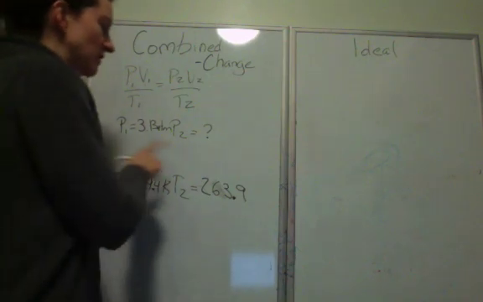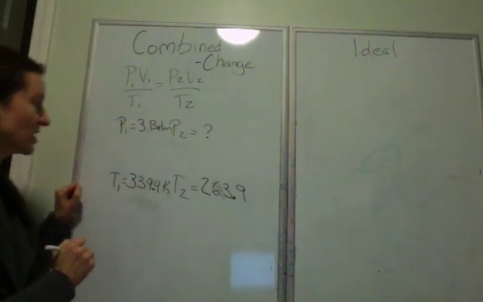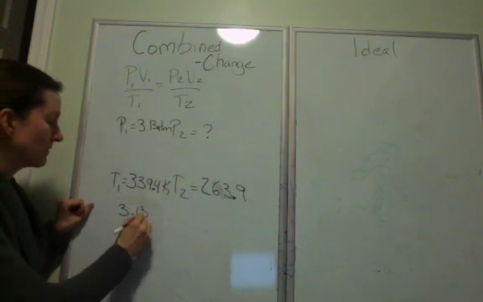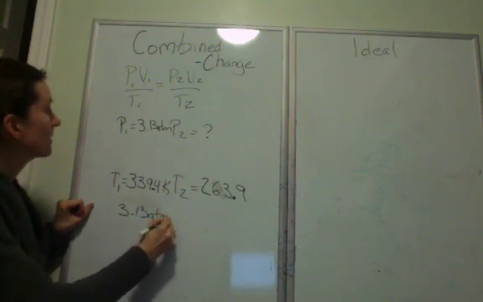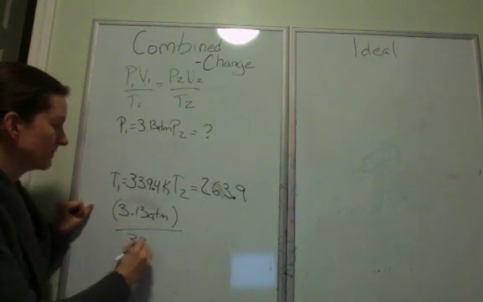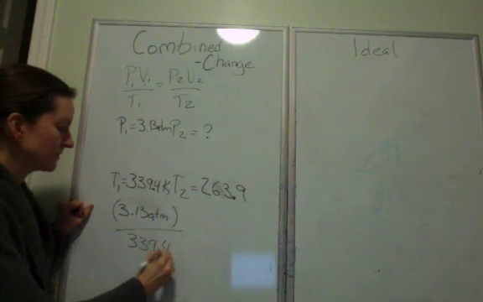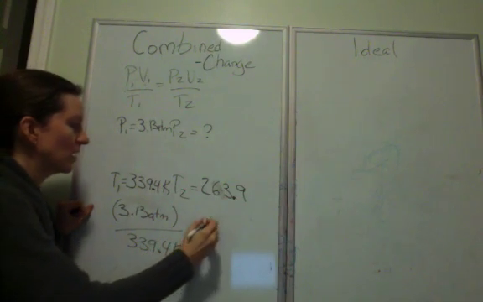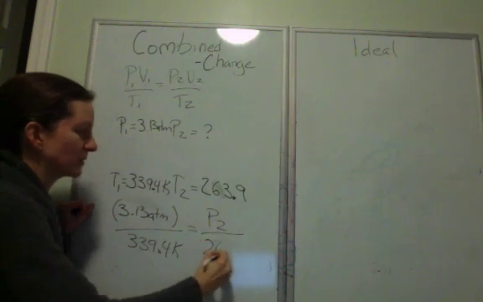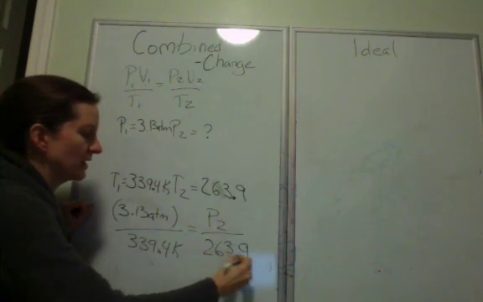Now it's just a question of plugging all these numbers into the equation and solving. So P1 is 3.13 atm. I don't have a V1. I divide that by the temperature initially, and that's going to equal some pressure I don't know divided by the temperature in the new conditions.